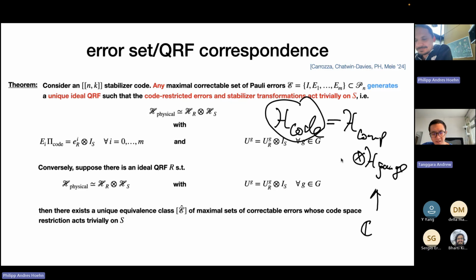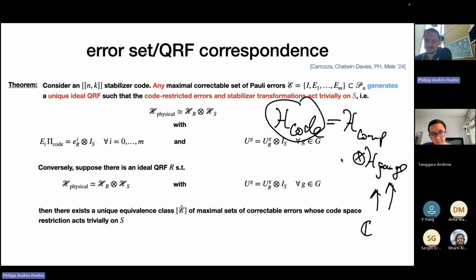The non-trivial subsystem codes are when this H gauge is of higher dimension, and because here in the main part I discussed standard stabilizer codes, we haven't considered non-trivial subsystem codes.